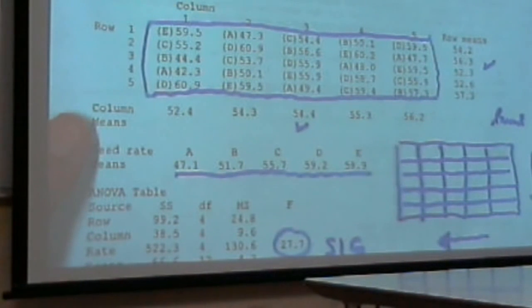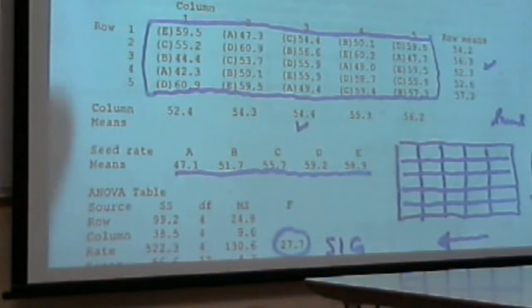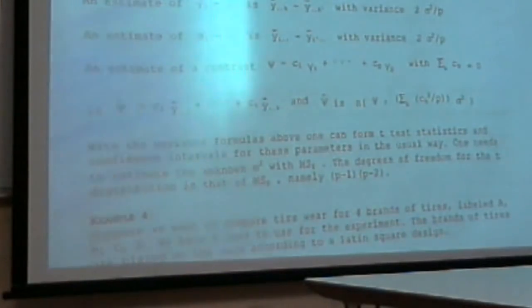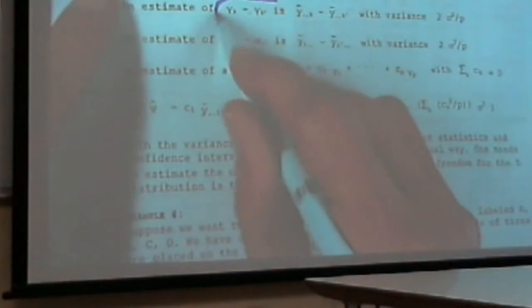Now, we should answer the question, which seeding rates differ from which other seeding rates? How am I going to do that? Well, slide back a page, and right here is your story.